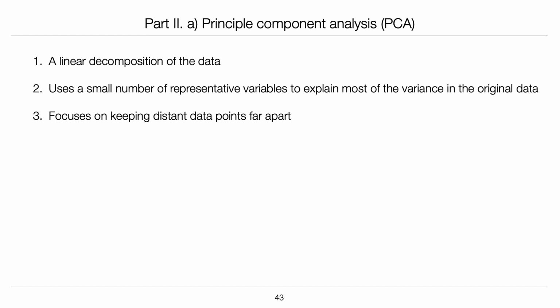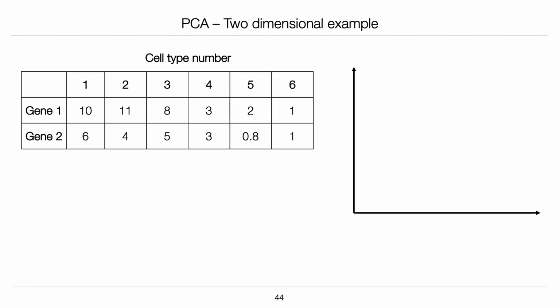In contrast to the next technique we will discuss, t-SNE, PCA focuses on keeping distant data points, as measured in a high-dimensional space, far apart in the low-dimensional space as well. Here is a 2-dimensional example to illustrate how PCA works.